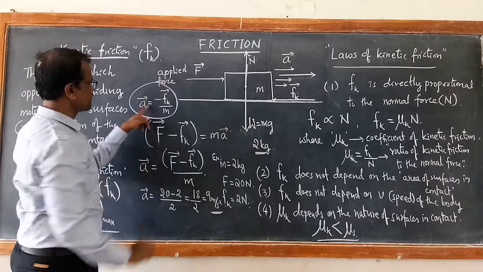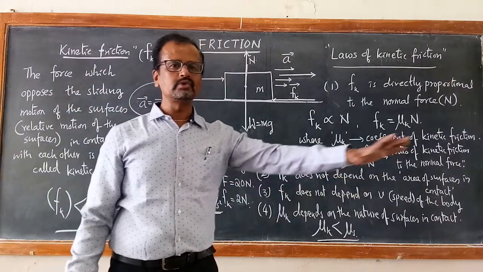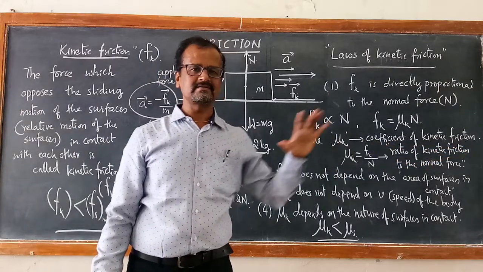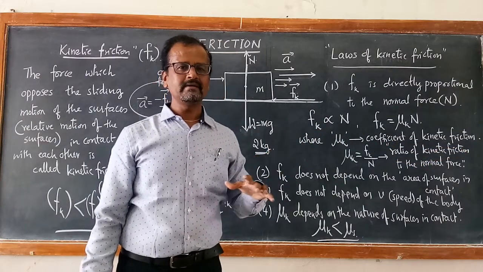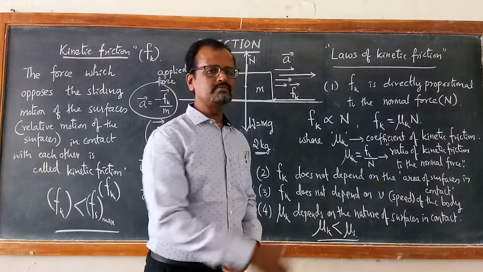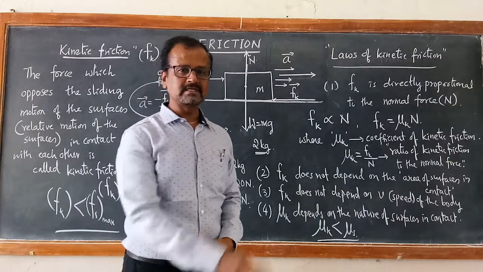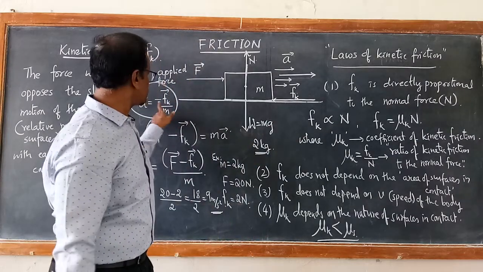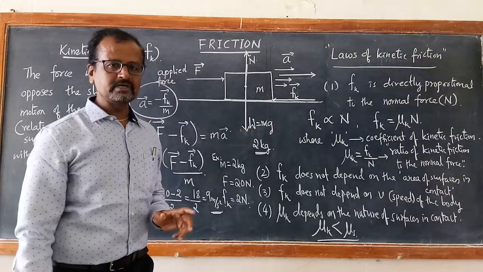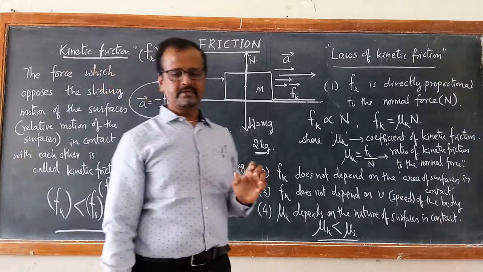So minus sign shows that the body is going to retard. Ultimately, it is going to stop after some distance. For example, whenever you push any object or roll any body, after some distance it stops because it undergoes retardation. That is the meaning of the friction.